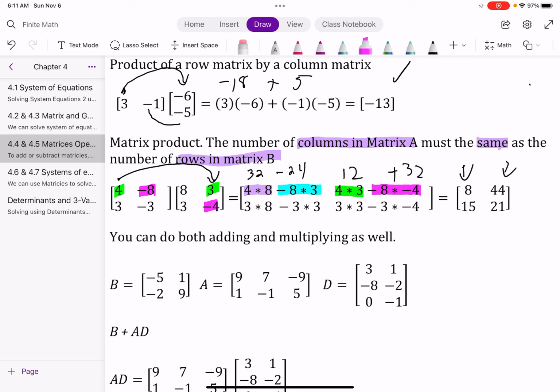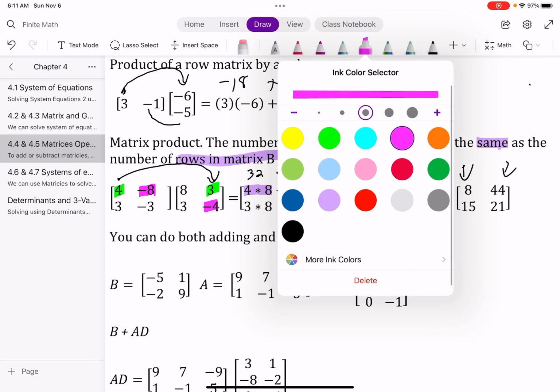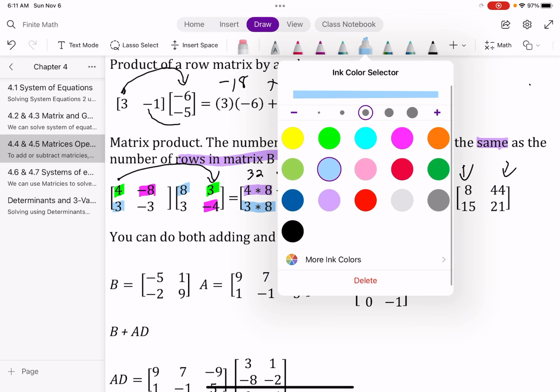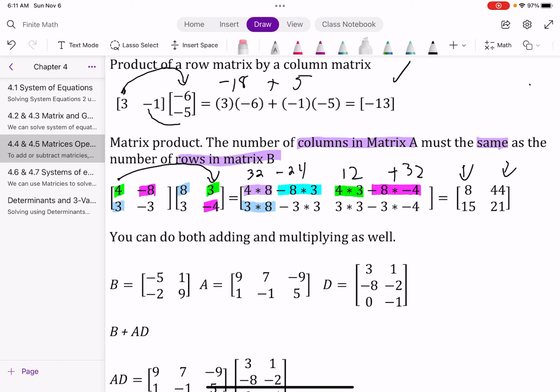Right. And then we go on to the bottom. Change this to a baby blue. So then we do 3 times 8. And we do a gray. That might be a little too dark. Let's do a light gray. And then we do negative 3 and 3, which gives us 24, minus 9, which gives us our 15.